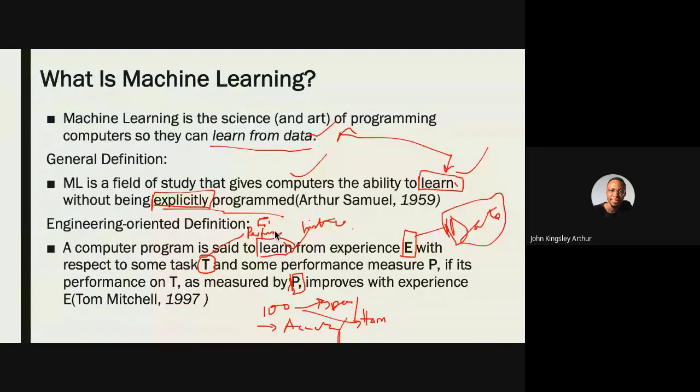So it will look at other videos on YouTube that share ideas on flowers, and then it will suggest that to you as a video you must watch. How did YouTube get to do this? YouTube does this because of the learning algorithm, and that is a practical example of machine learning. So we are simply looking at this definition to help us understand what machine learning is.